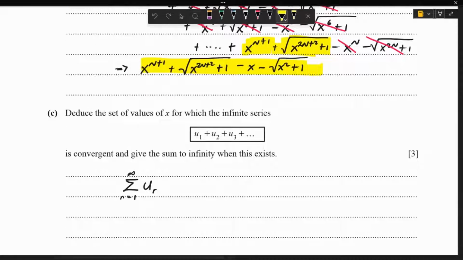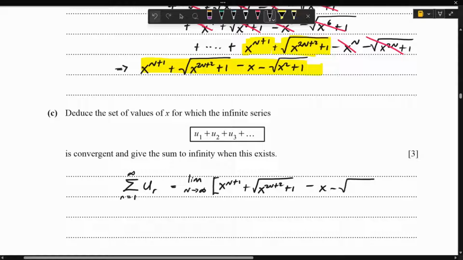So the sum to infinity is the same as the limit as n approaches infinity of terms of this form here: x to the n plus 1 plus the square root of x to the 2n plus 2 plus 1, minus x minus the square root of x squared plus 1.